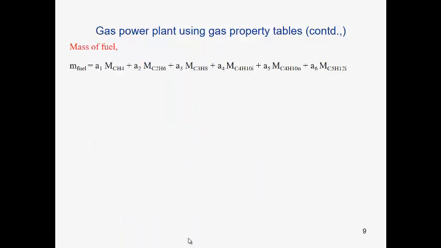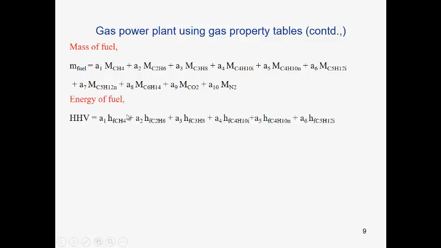So here the mass of the fuel, generally A1, A2 are in kg moles. To convert the kg moles into kg, the kg moles are multiplied by the molecular weight. So M is the mass of the fuel in kg.